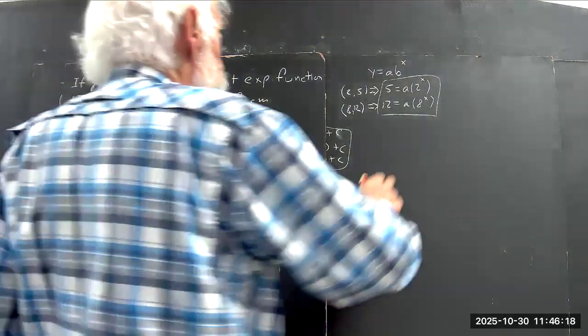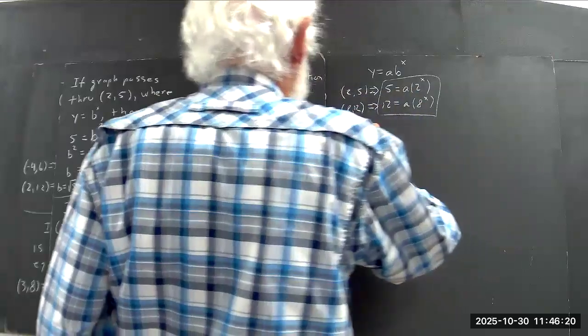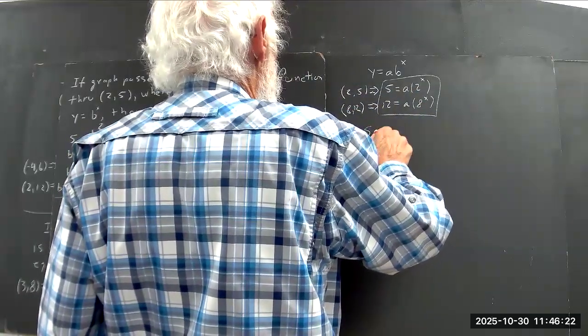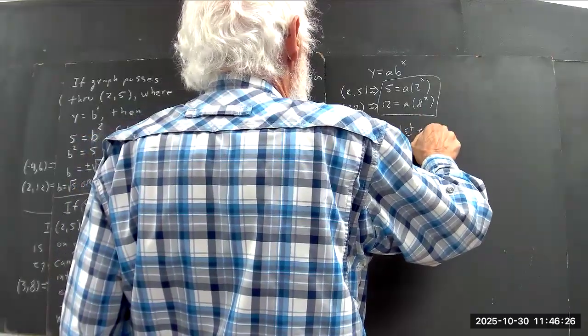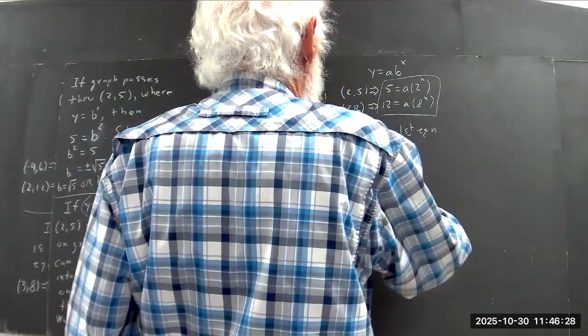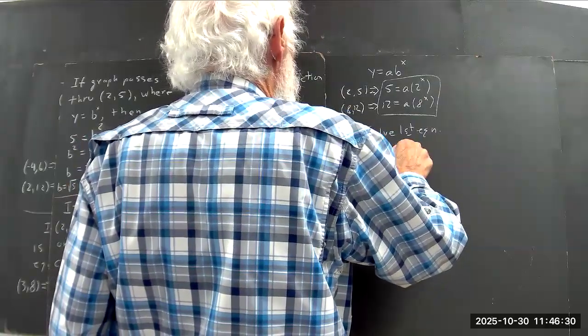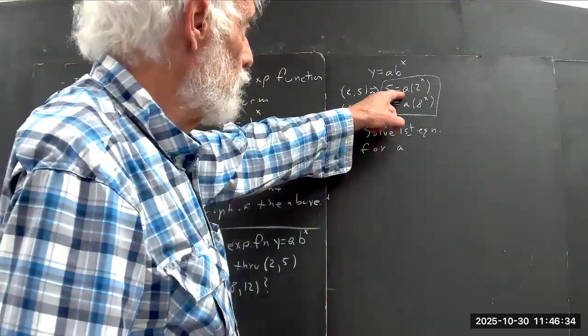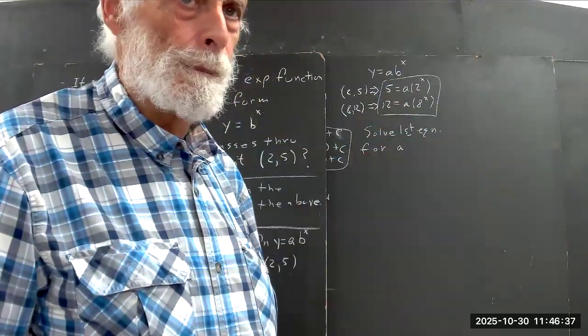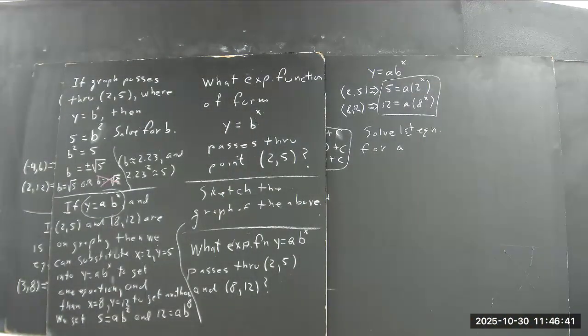Now let's call this one, okay. We solve the first equation for A. Something must be wrong.